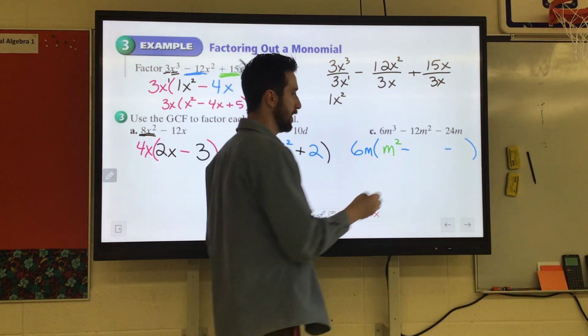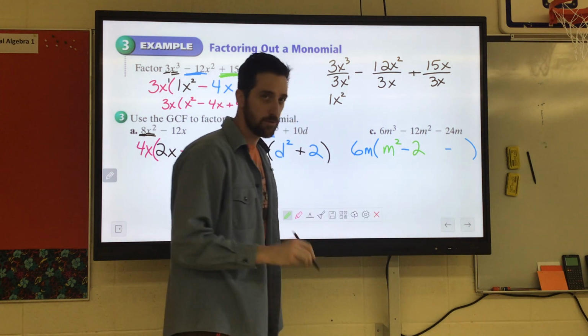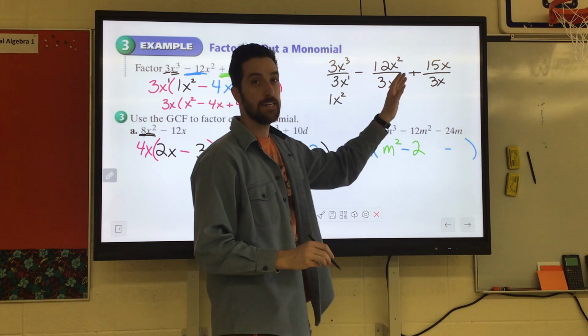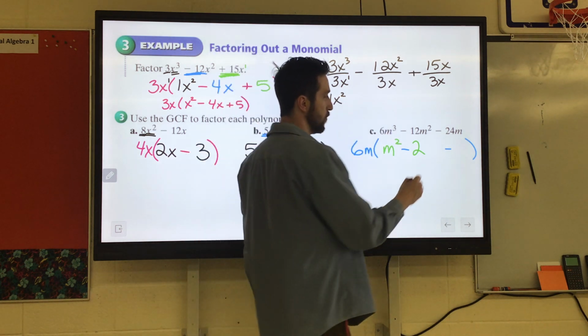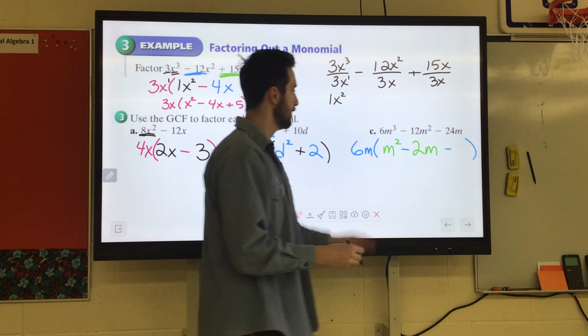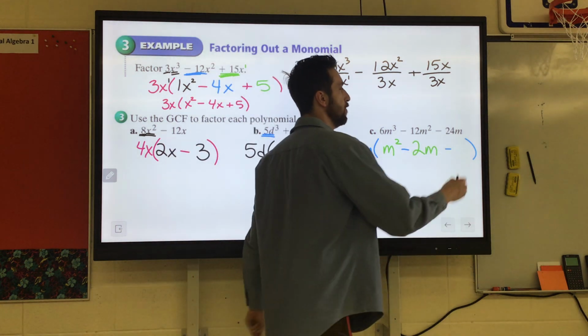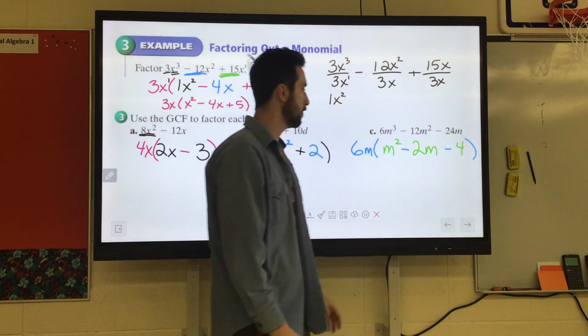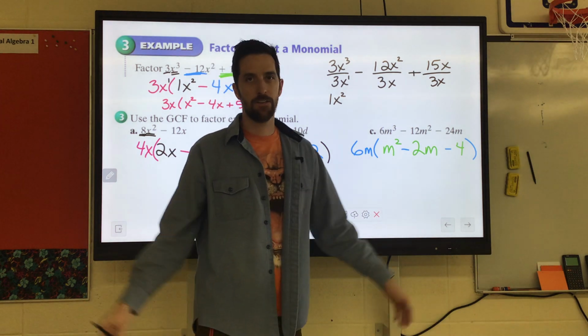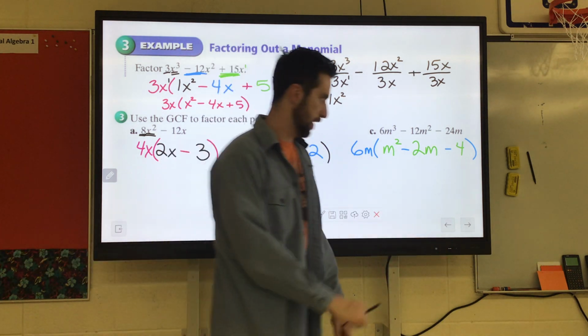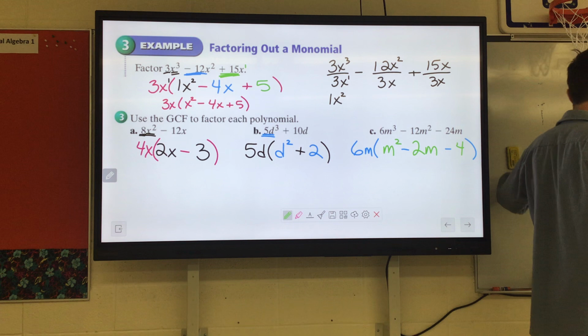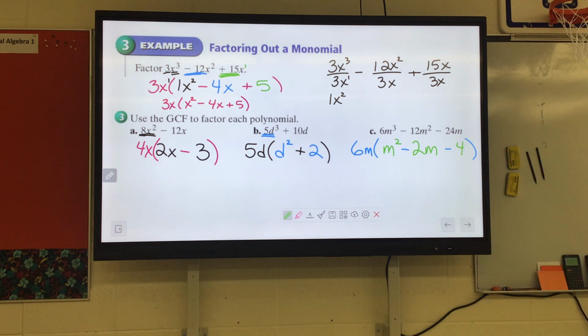Well, 6 times negative 2 handles the negative 12. I have m, I need m to the second, so I need one more m. And 6 times negative 4 gives me that negative 24, and I've already got the m handled, so we're all done. Look at us, factoring out the greatest common factor, like pros.